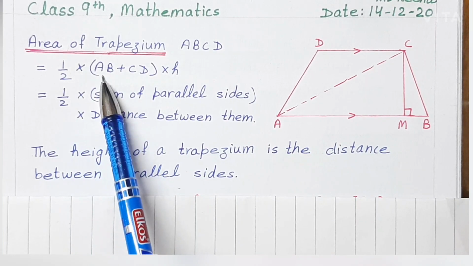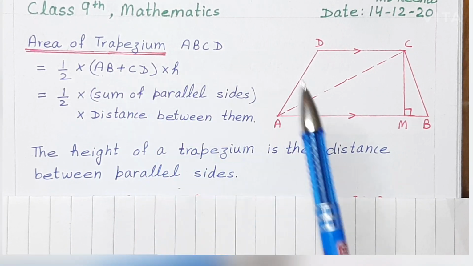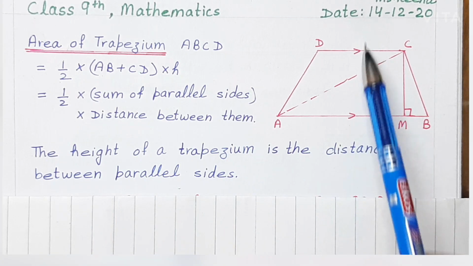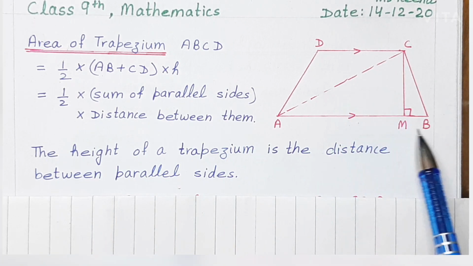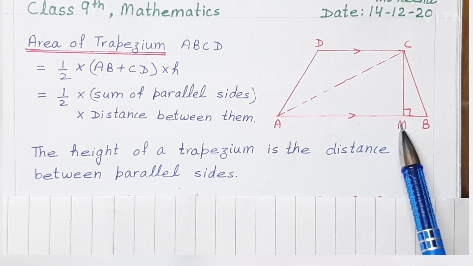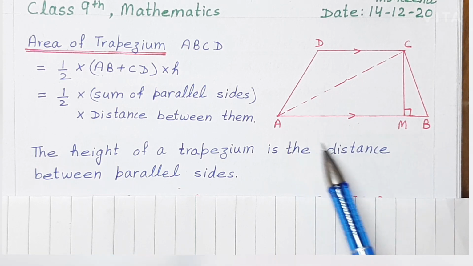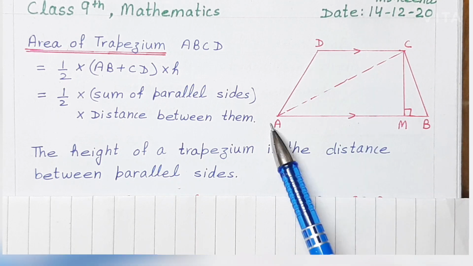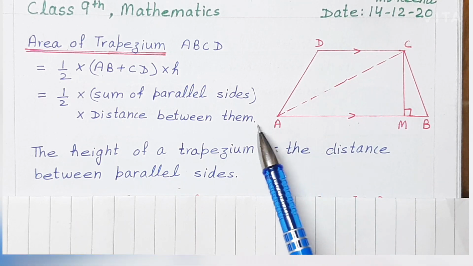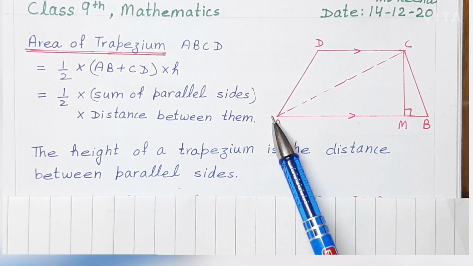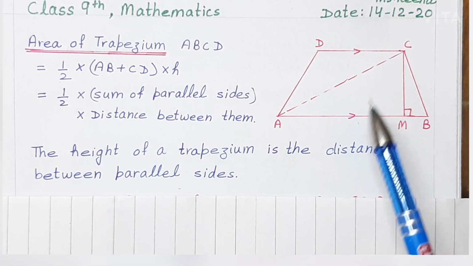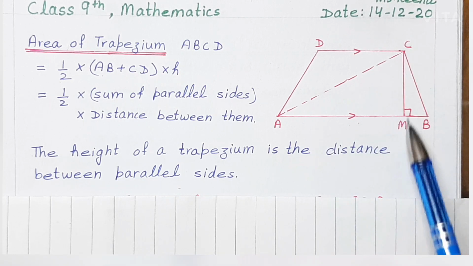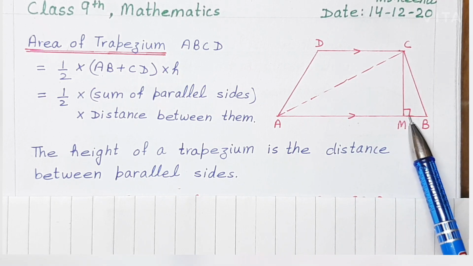Now area of trapezium is half into sum of parallel side into distance, that is the perpendicular distance. So here in the given trapezium ABCD, area of this trapezium is half into AB plus CD, that is the sum of parallel sides, into height, where height is CM here.